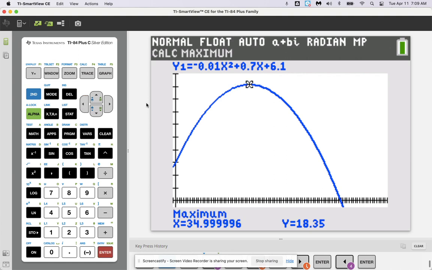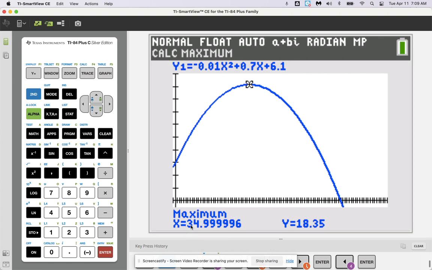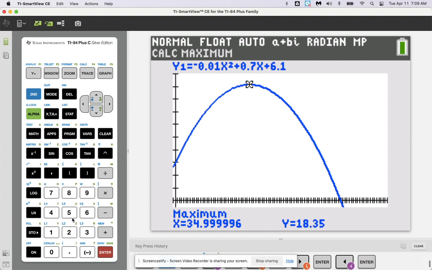And there's our maximum. Now, the maximum is kind of finicky because the calculator uses approximation techniques, so it might spit out something like 34.999996, but really mean 35. So you need to take the graphing calculator with a little bit of a grain of salt, especially when you see answers with these long repeated decimals like this that are close to something familiar.